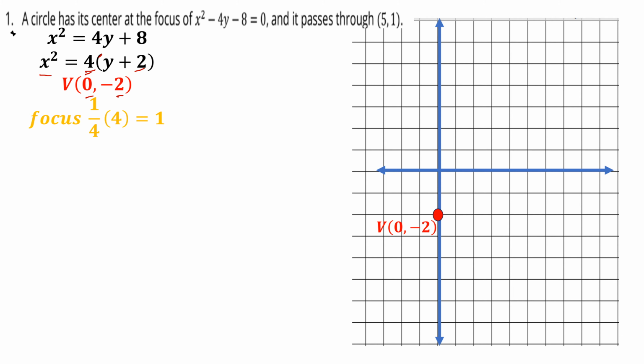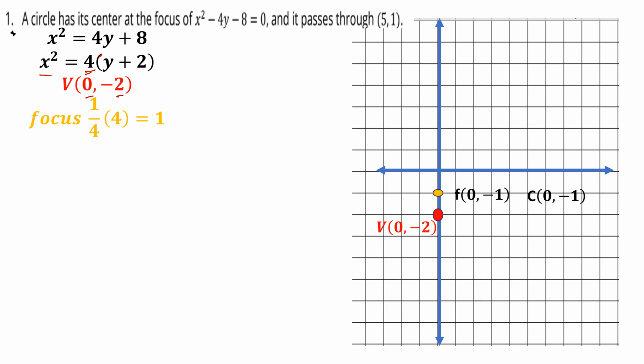So 1 unit from the vertex, there is our focus, and it is (0, -1). Remember that the center of our circle depends upon the focus of our parabola. So we have the focus (0, -1), and at the same time the center is (0, -1).